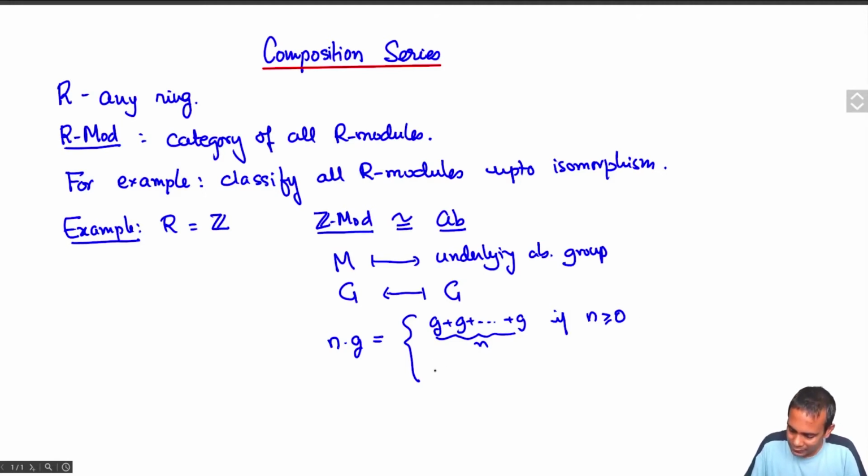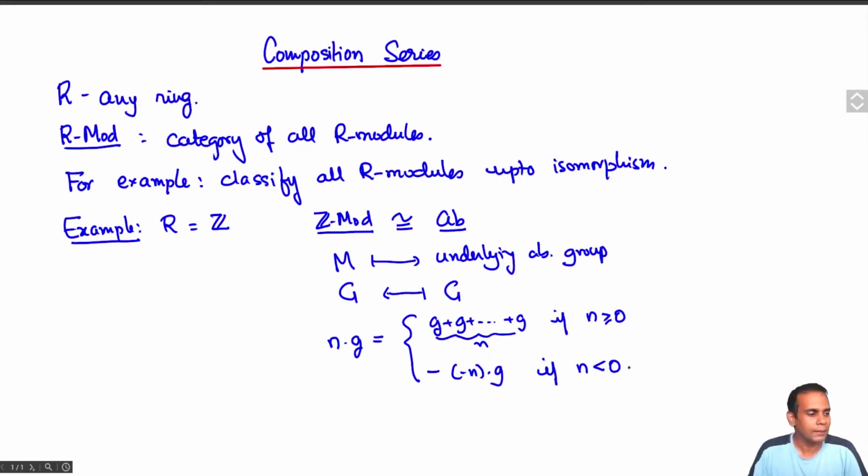And if n is negative, then you take it to be minus of (minus n)·g. Minus n would then be positive, and so this would make sense by the earlier case. And so an abelian group becomes a Z-module. So the category of Z-modules is the same as the category of abelian groups.